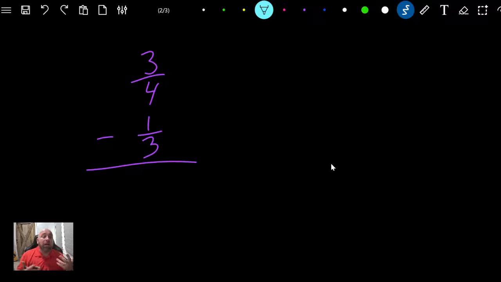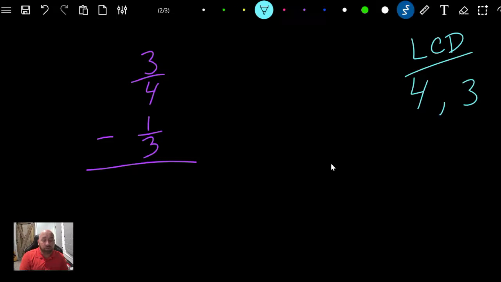Okay, now, how do we subtract? That was adding. How do we subtract? Almost the exact same way. We first need to find the LCD. All right, so how do we find the LCD? We take our two denominators, 4 and 3 again. Well, this one's going to be easy because it's still 4 and 3. We know with 4 and 3, that's what we had before. Our LCD was 12. You don't have to do it again.